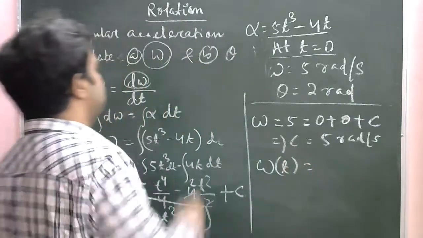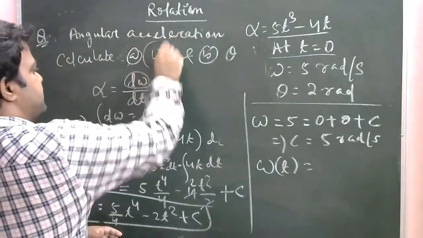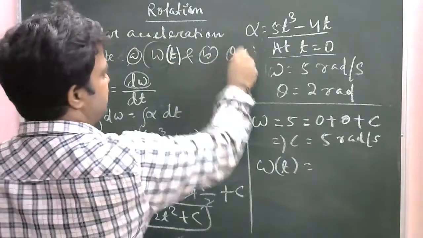That is what our question is: find omega explicitly dependent upon t, or omega of t and theta of t.